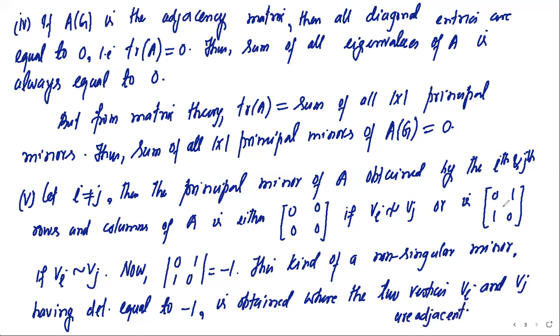So if we take all the principal 2 cross 2 minors, whenever we get the zero matrix, the determinant is 0 and the two vertices Vi and Vj are not adjacent. But if we get this other kind of principal minor, the vertices are adjacent and the value of the determinant is equal to minus 1.